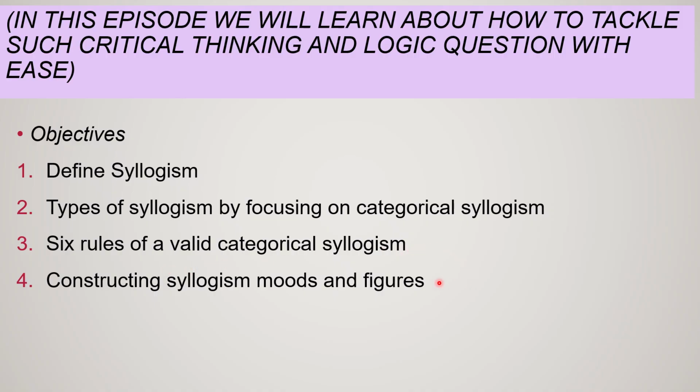And also we are going to attempt to construct various syllogism moods and figures. If the session takes more time, we are just going to try to make various syllogism moods and figures so that we can look for another episode to dwell much more on how to construct them.